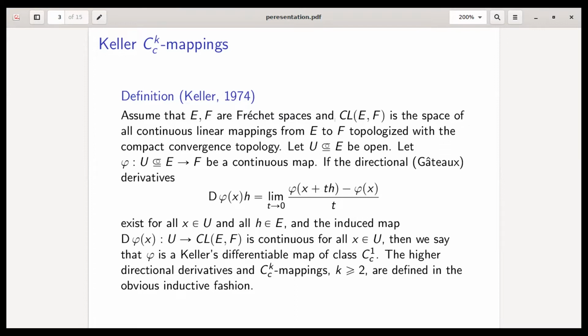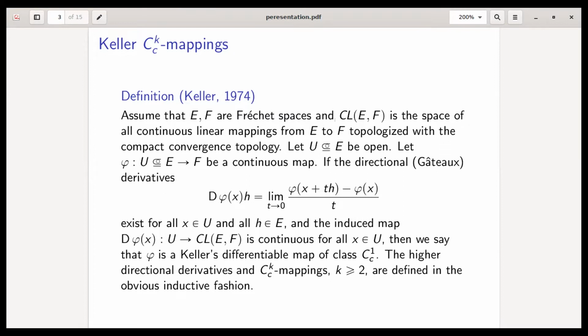Furthermore, this notion of differentiability is equivalent to differentiability in the sense of Michal and Bastiani, which many people work with in Fréchet spaces, because for this definition the deep inverse function theorems of Nash and Moser are available.